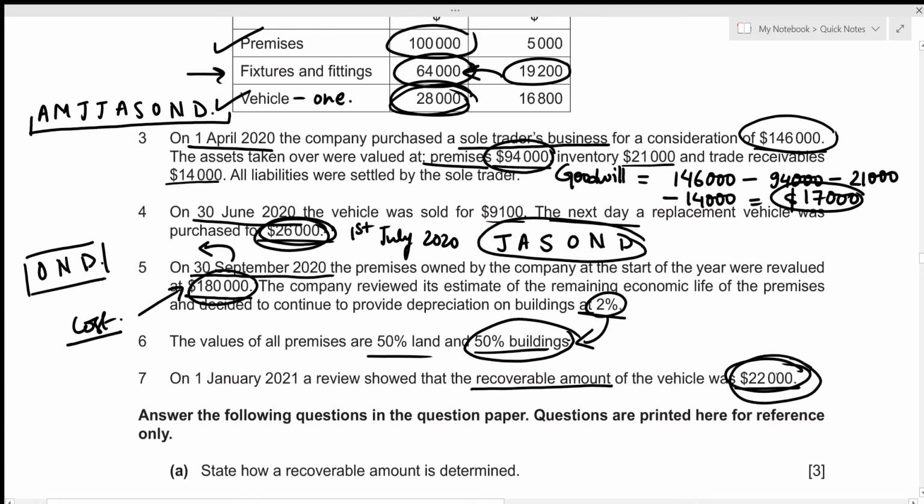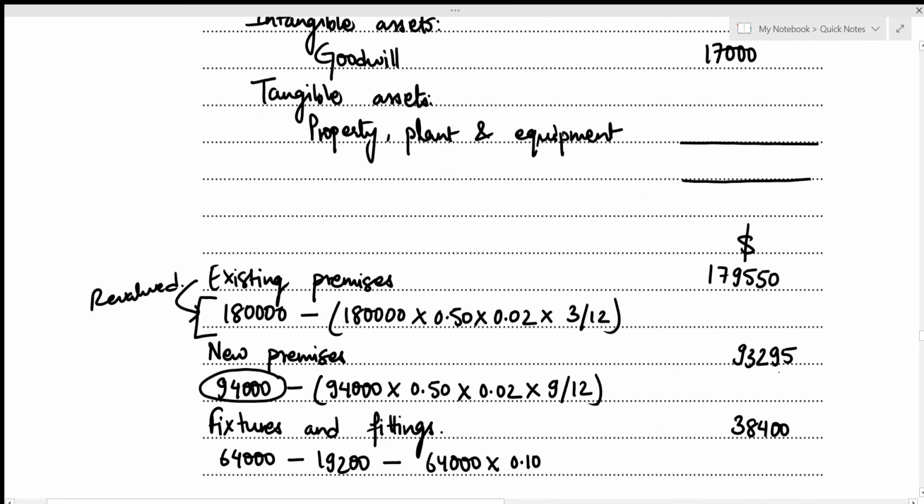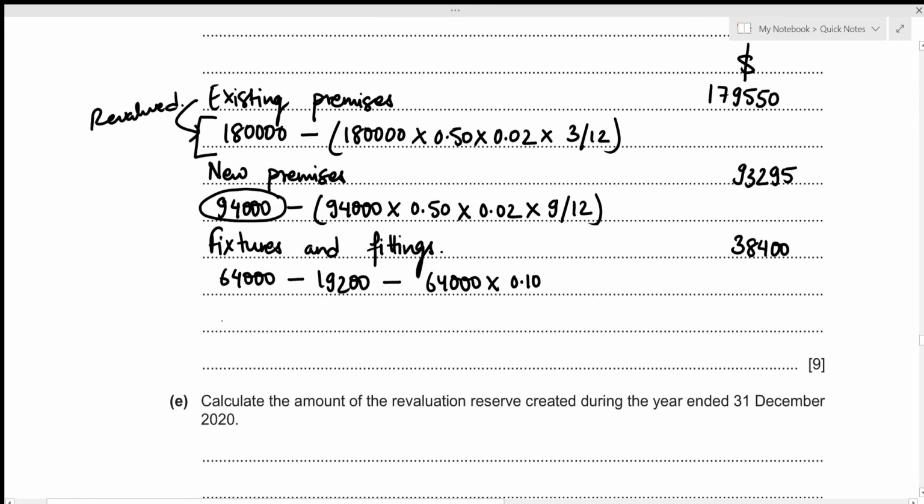So this is actually the value of the vehicle that needs to be recorded in our statement of financial position. Let's do that. So that's the vehicle with the amount of 22,000.